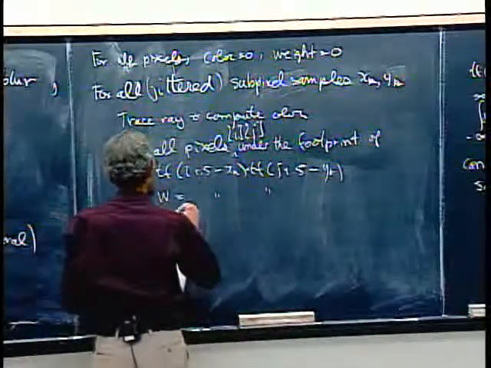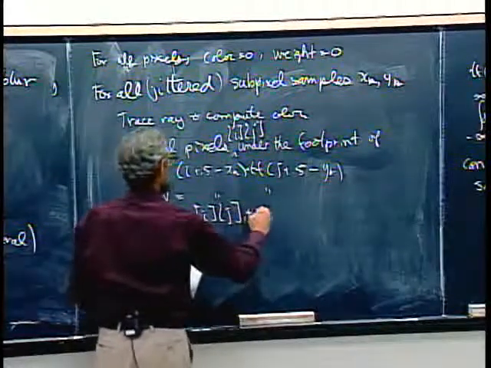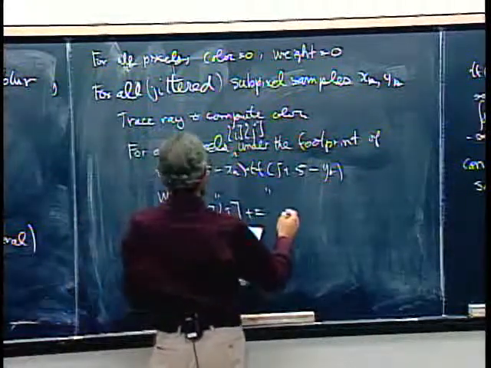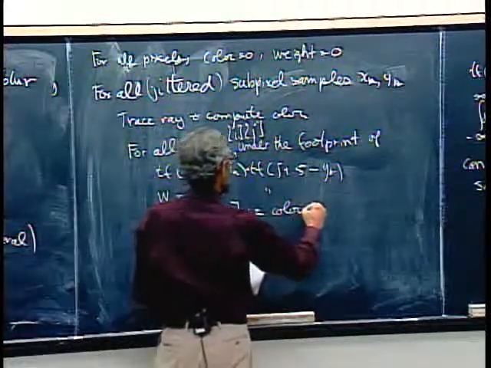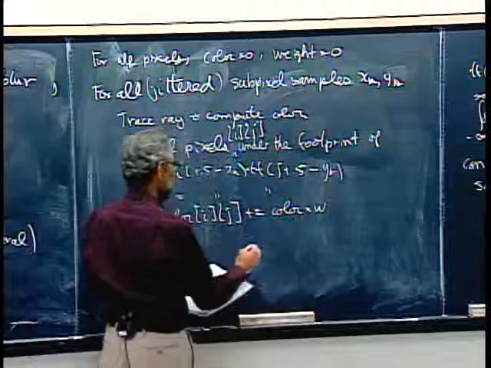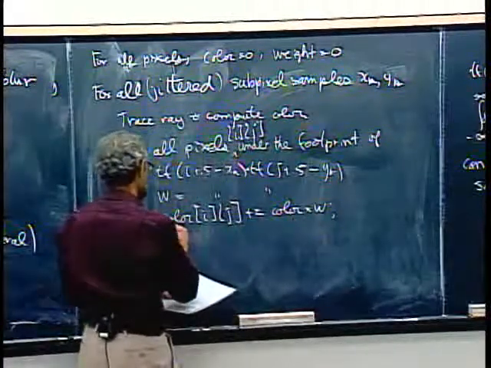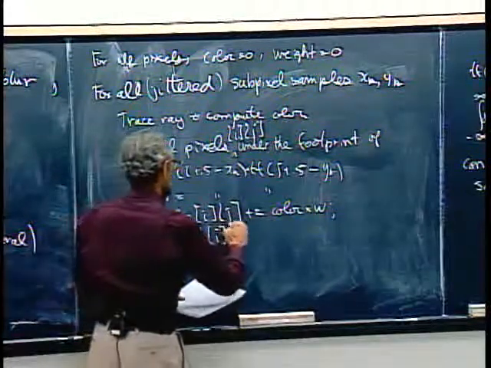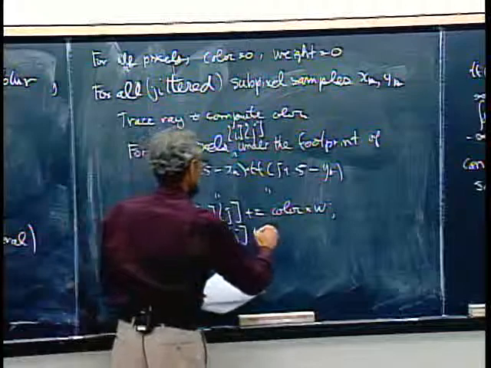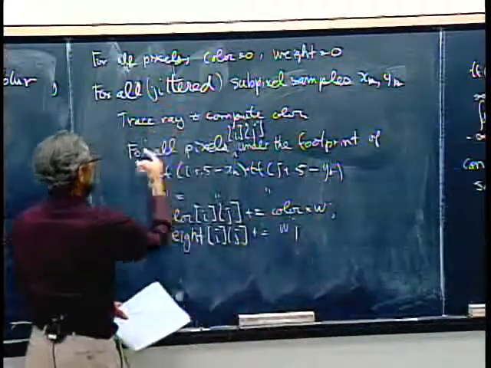So color i, j plus equals compute color times weight. Weight times the color you're incrementing for all those pixels that subsample affects, and the weight W of that pixel.